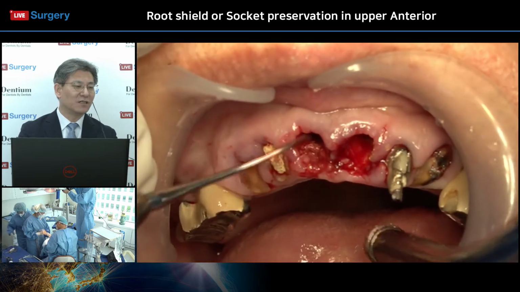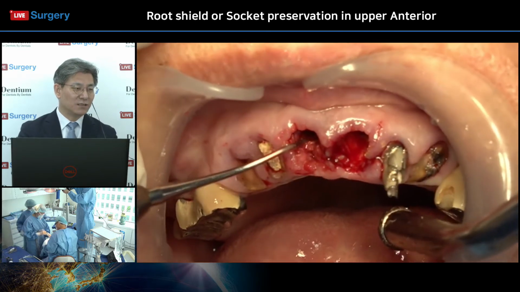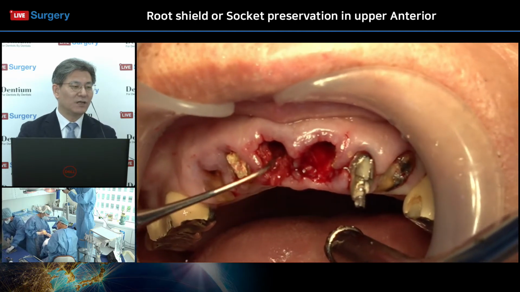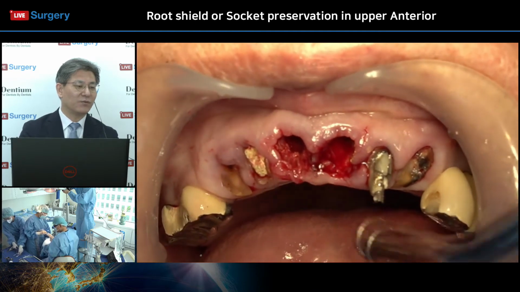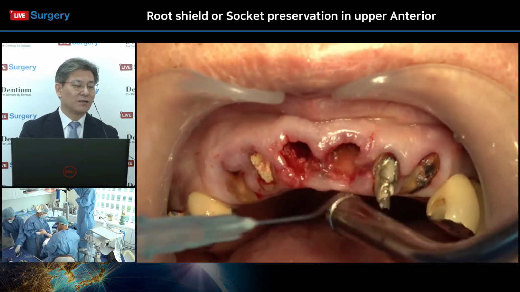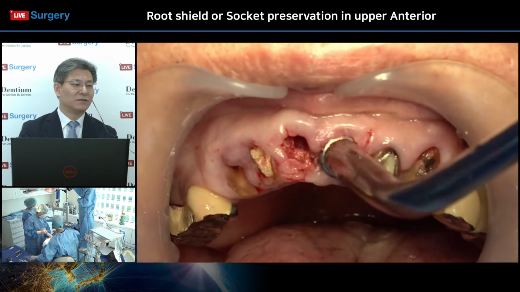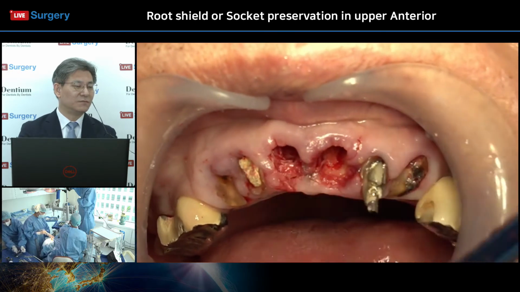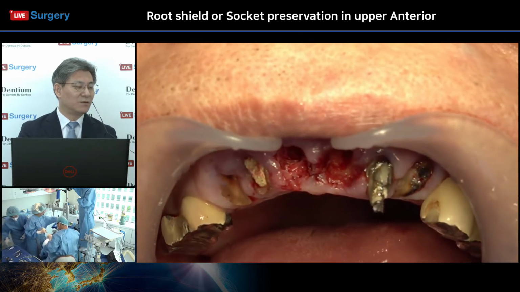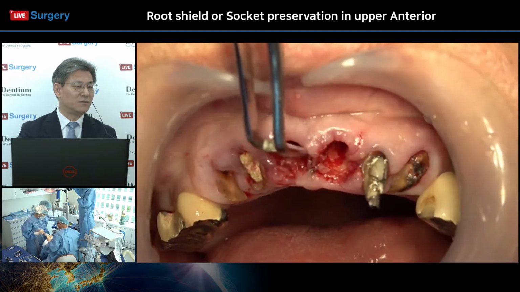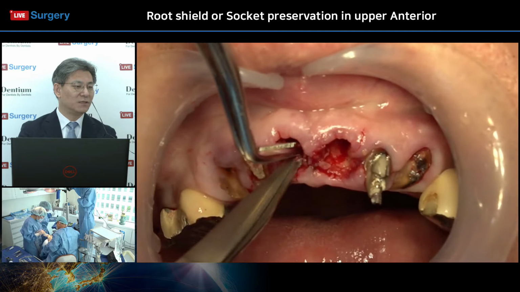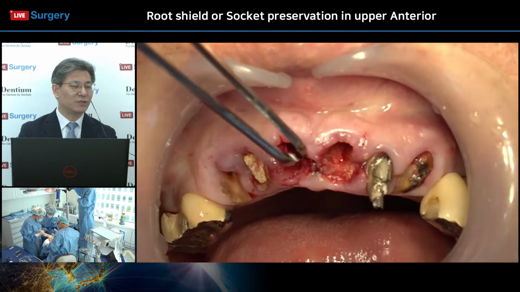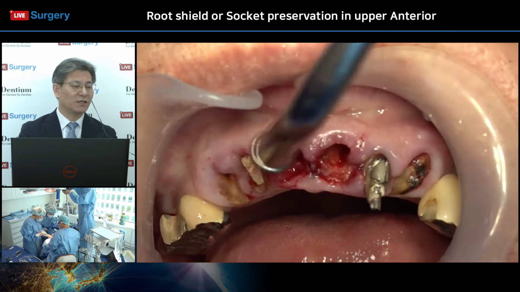So Dr. Chung removed all these tetracycline powders soaked with the saline, with the remnant of granulation tissues, from the top portion of the socket. Removing the granulation tissues from the upper portion of the socket.